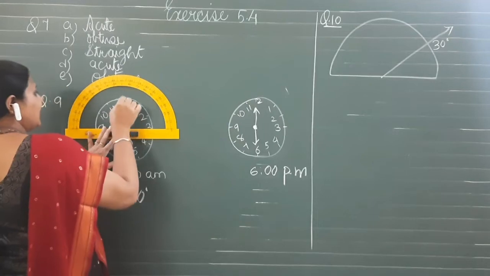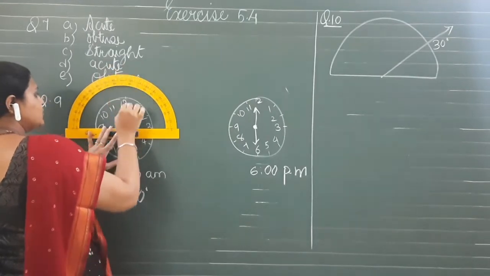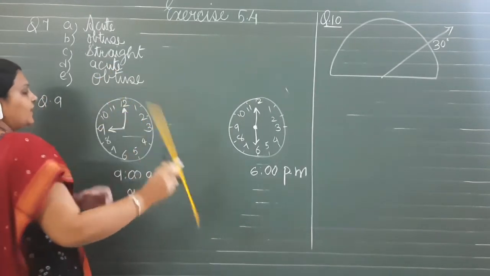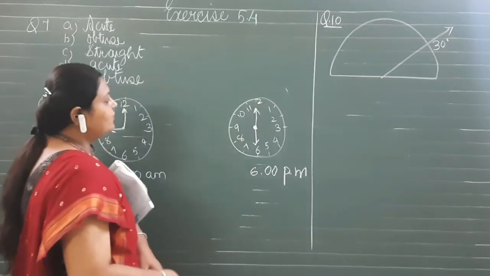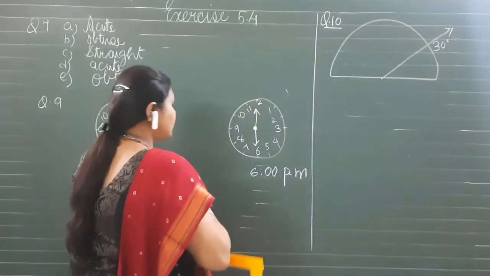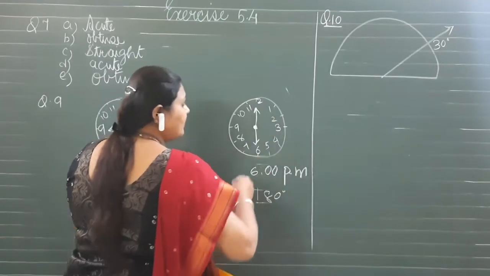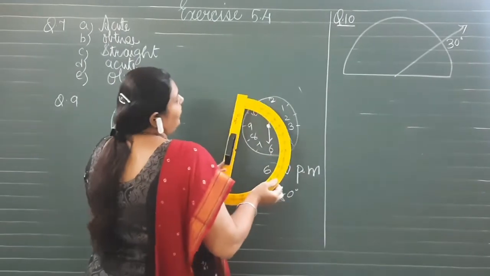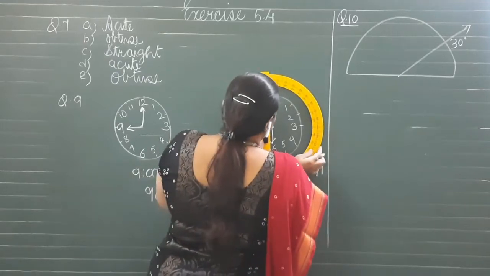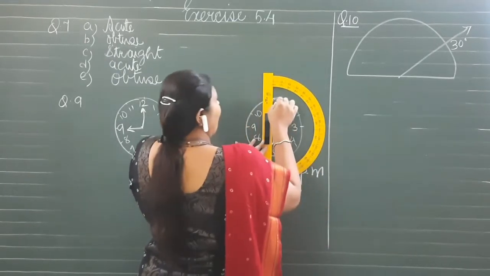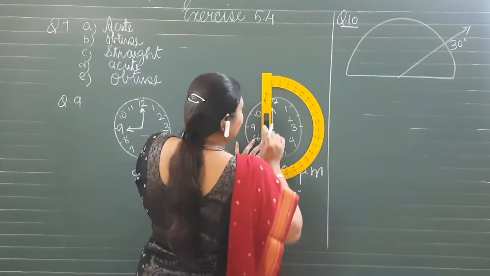So this line goes to 90 degree. So the measure of this is 90 degree. Same way, 6 o'clock. Now 6 o'clock is 180 degree. We know that it is a straight angle. So here by putting it this way, we can see 180 over here.